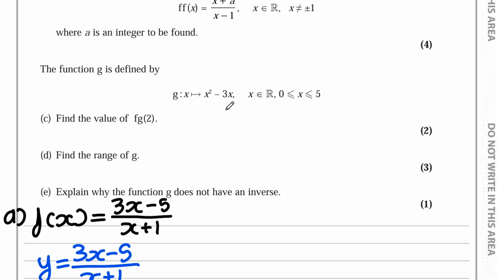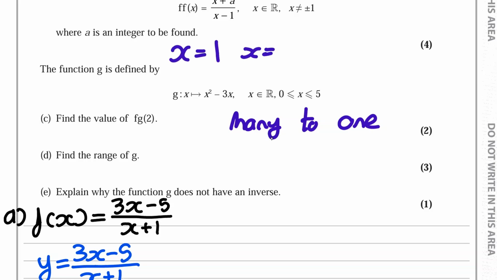In that video, we talked about different types of mapping, and g of x is something we call a many to 1 mapping. What this means is that multiple x values can give the same y value. So for example, let's say that x is equal to 1 and x is equal to 2.